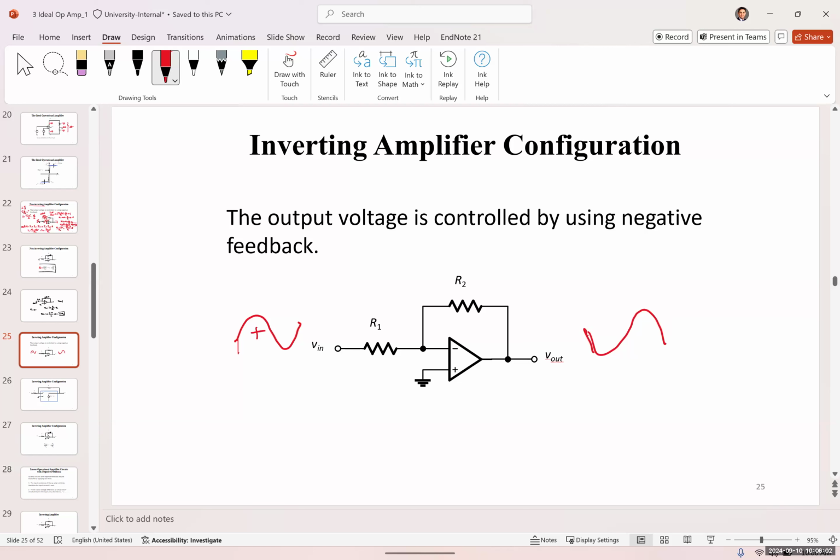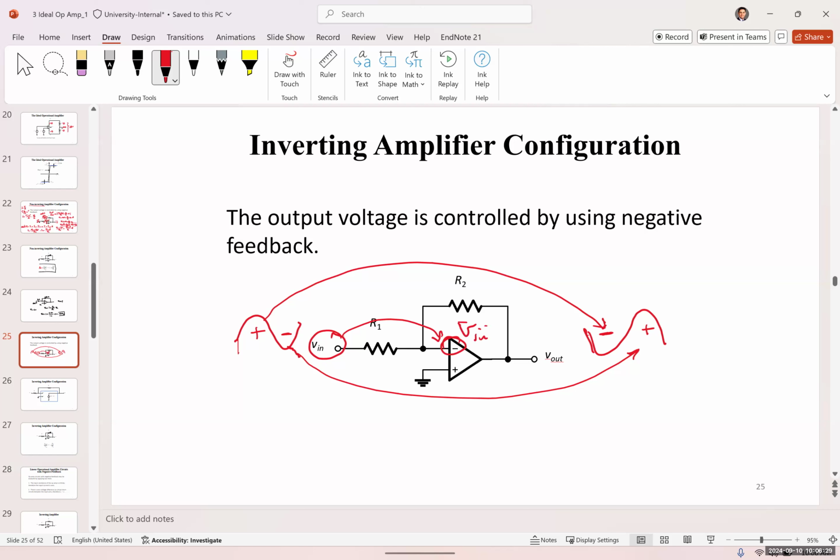So whenever the input is positive, the output would be negative, and where the input is negative, the output would be positive. Because it's inverting the signal, it's called the inverting amplifier. Again, in an inverting amplifier, the input is connected to the inverting input, or the negative input.